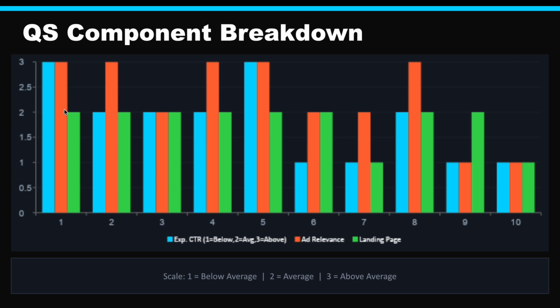Does the ad match the search? And the green bar is landing page. Does the page match what was promised? So the scale at the bottom tells you 1 means below average, 2 means average, 3 means above average. Now look at cleaning company in here. Okay, cleaning company keyword.